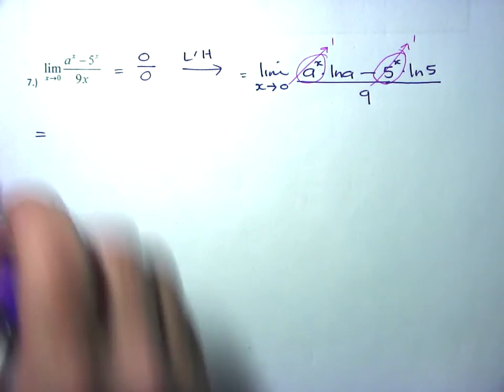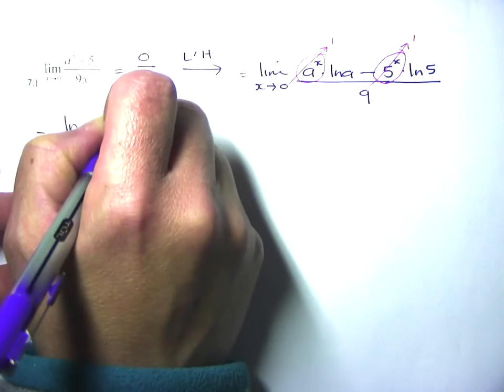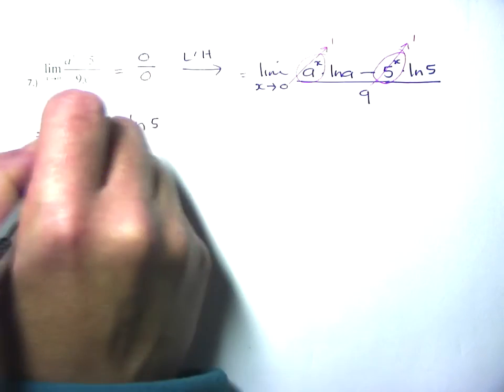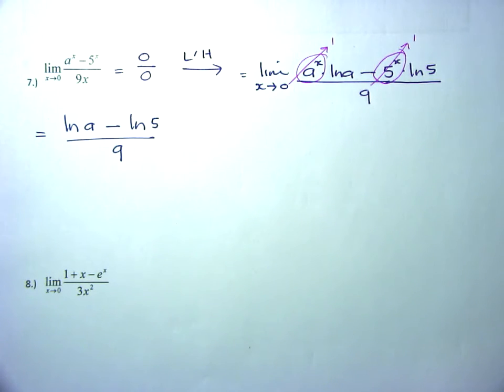So we're simply left with the natural log of a minus the natural log of 5, divided by 9. Right now I can't simplify any more than this, but had the value of a been known to me, this is a value that I could plug in my calculator and get a constant value for my answer. We will leave our answer right here, though.